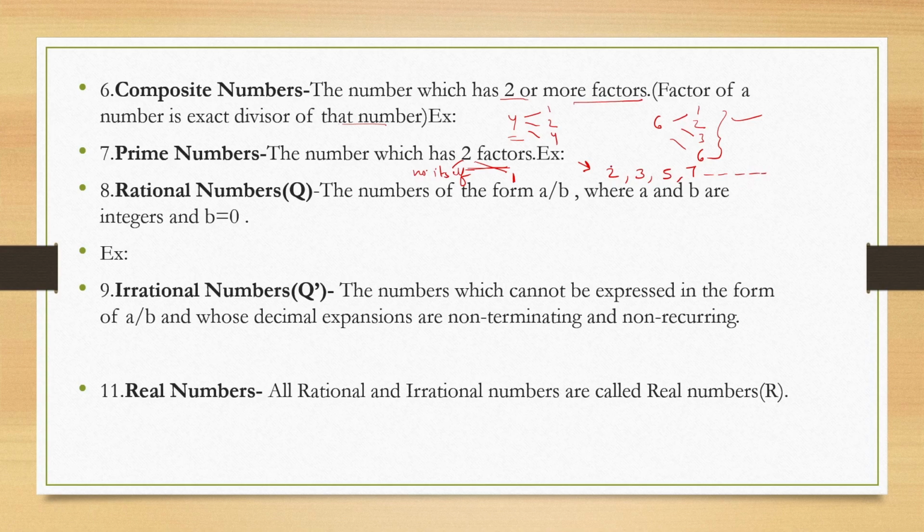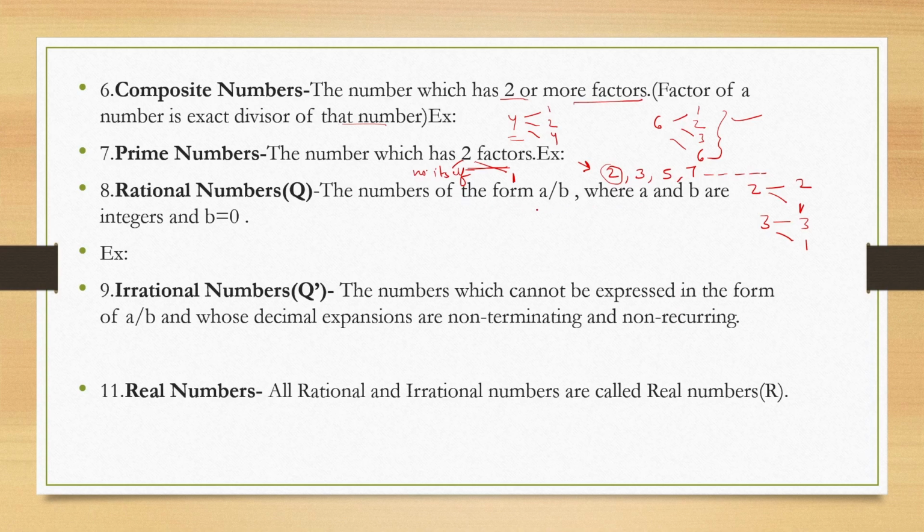Suppose 2 is the smallest prime number we have. So the two factors are the number itself, 2, and 1. Likewise, 3 is another number, so the factors will be 3 and 1. So these are called the prime numbers.